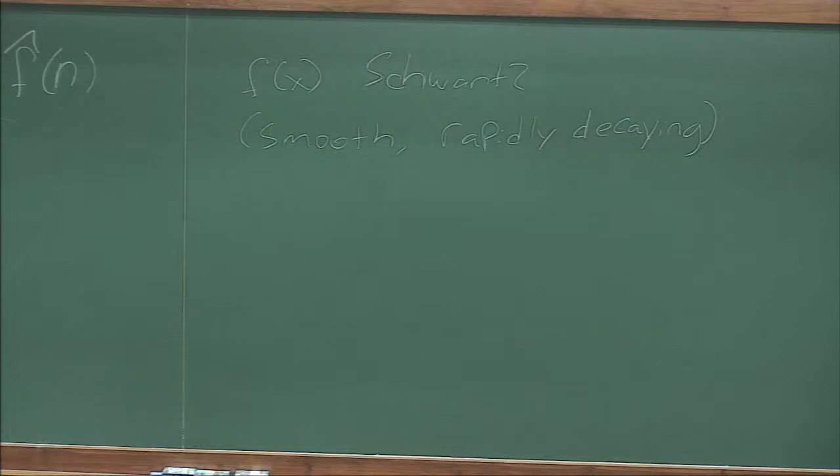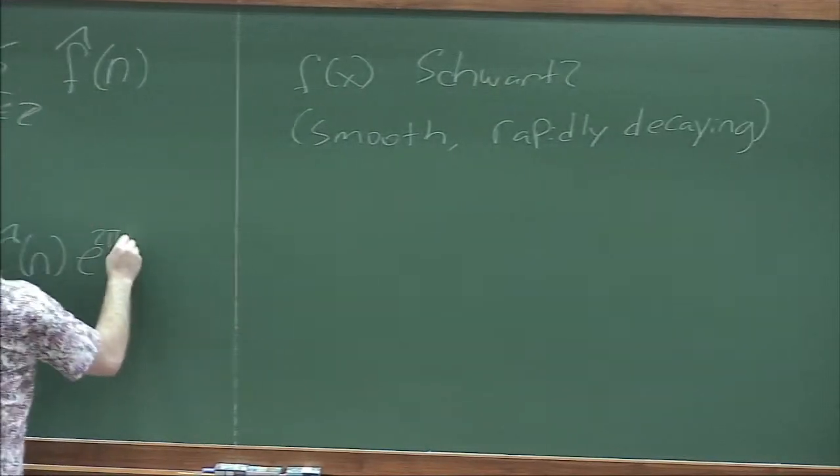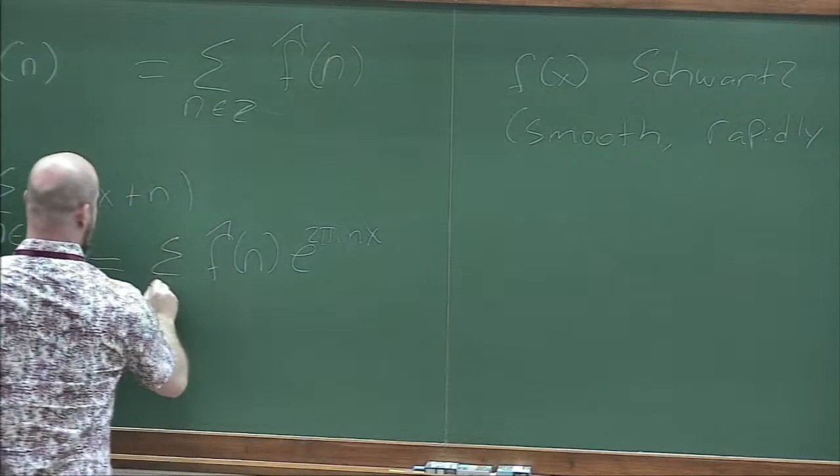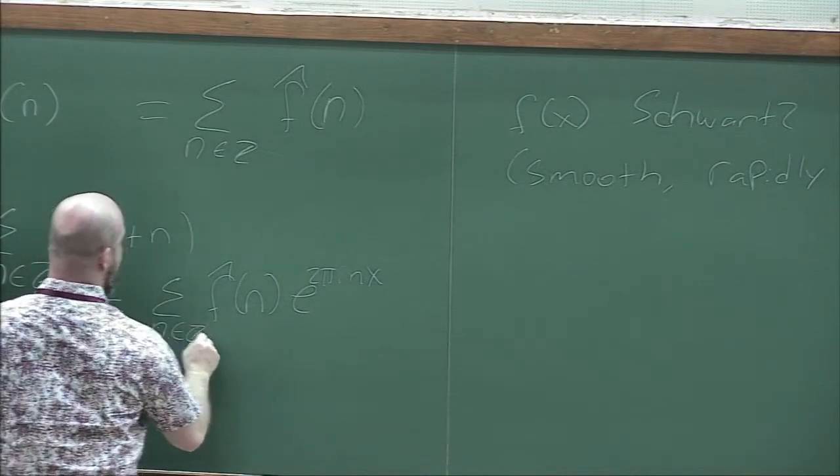Now, in proving the Poisson summation, usually we take the step to move down here to a function of this type. A lot of times the function like that is actually what we're interested in. But what does the Poisson summation tell us about a function like this? Poisson summation tells us that this should equal a summation f hat of n times e to the 2 pi i n x, again where n ranges over the integers.